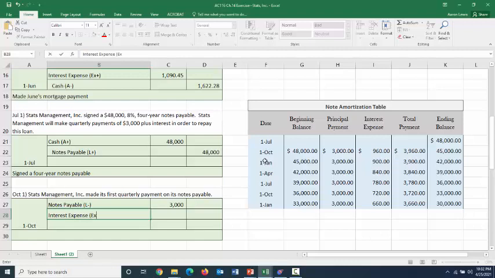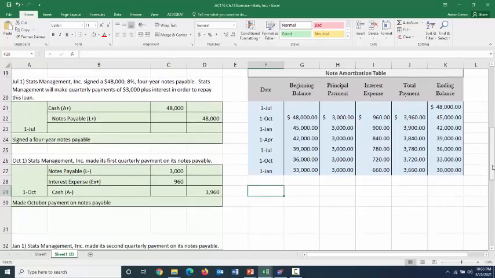So we'll debit interest expense for the $960 that's going towards interest in our very first payment. And then our total payment is $3,960, which has to be our credit. Well, what are we paying this institution with? We're paying them in cash. So we credit cash for that $3,960 when we made the October payment on notes payable.